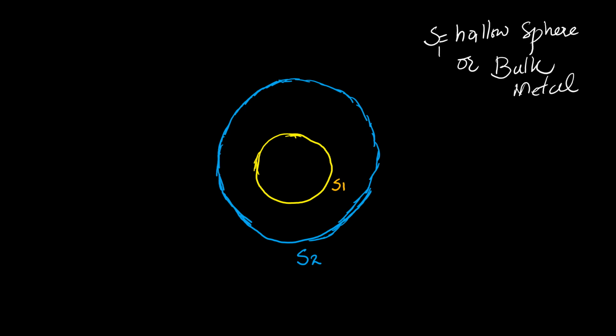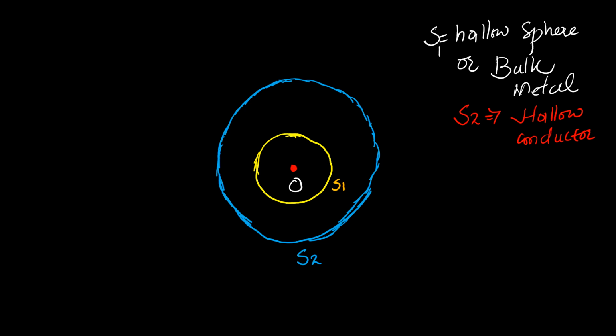However, the conductor S2 in a spherical capacitor is a hollow conductor. Suppose both conductors S1 and S2 have the same origin O, and that is why they are concentric.